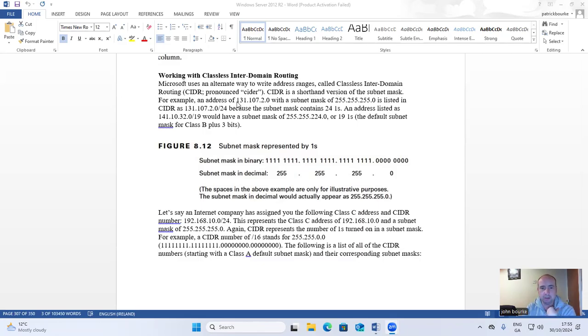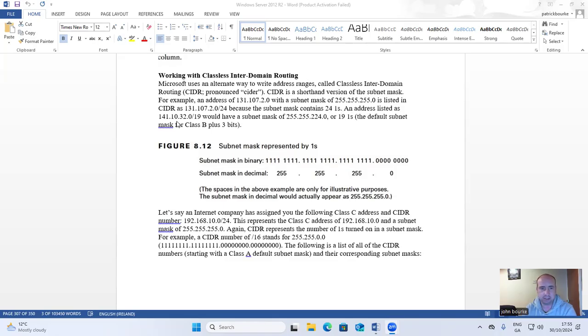For example, an address of 131.107.2.0 with a subnet mask of 255.255.255.0 is listed in CIDR as 131.107.2.0/24 because the subnet mask contains 24 ones.